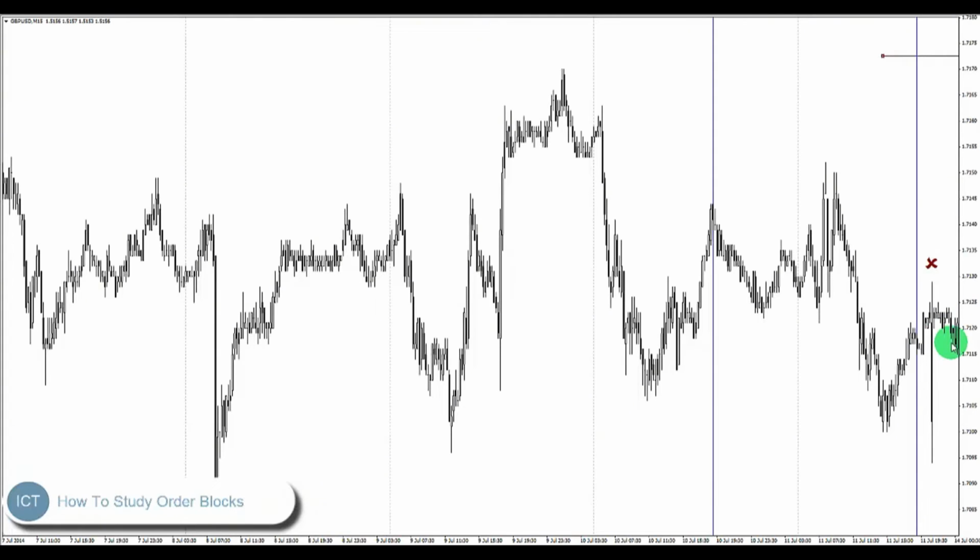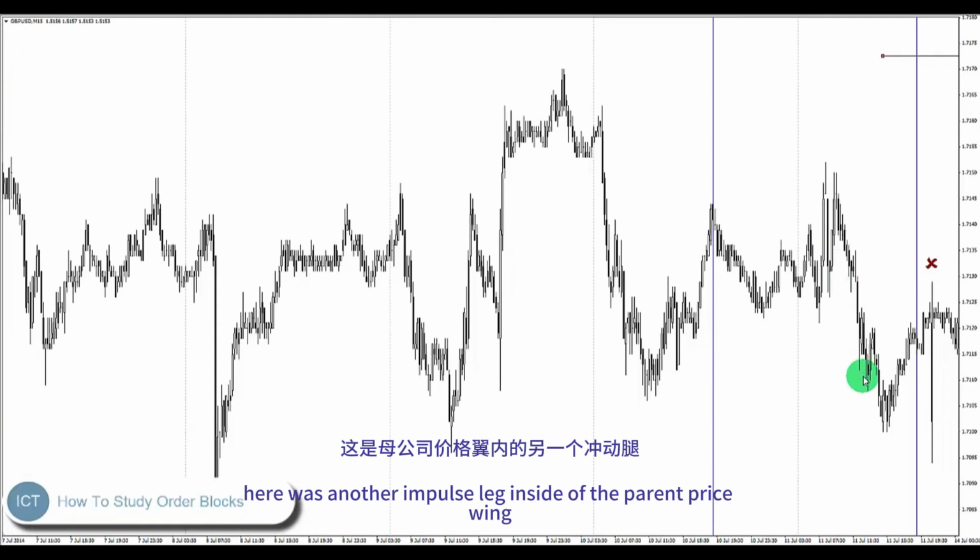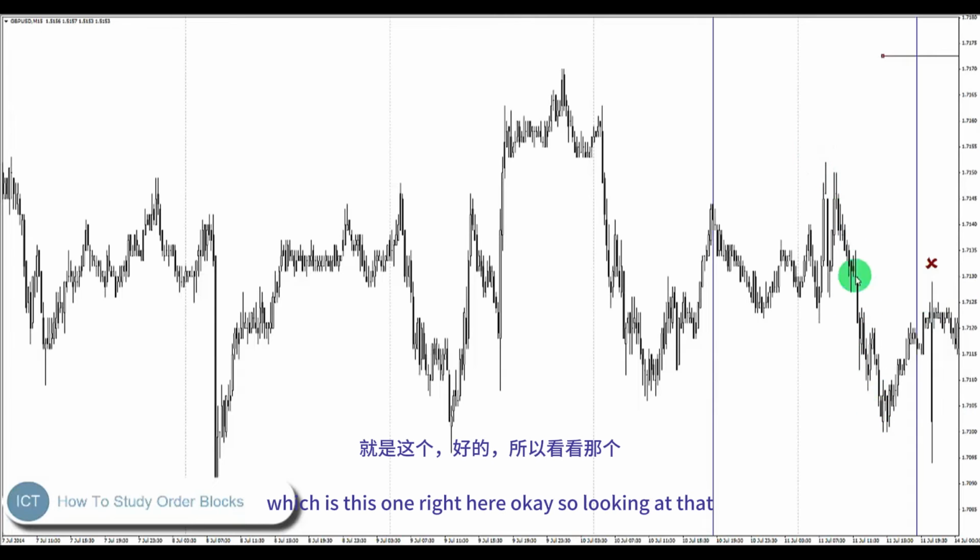Now when we look for order blocks in a down move like this, we saw a market structure shift. We had another price swing going lower. We retraced there, came lower, and what we had here was another impulse leg inside of the parent price swing, which is this one right here.